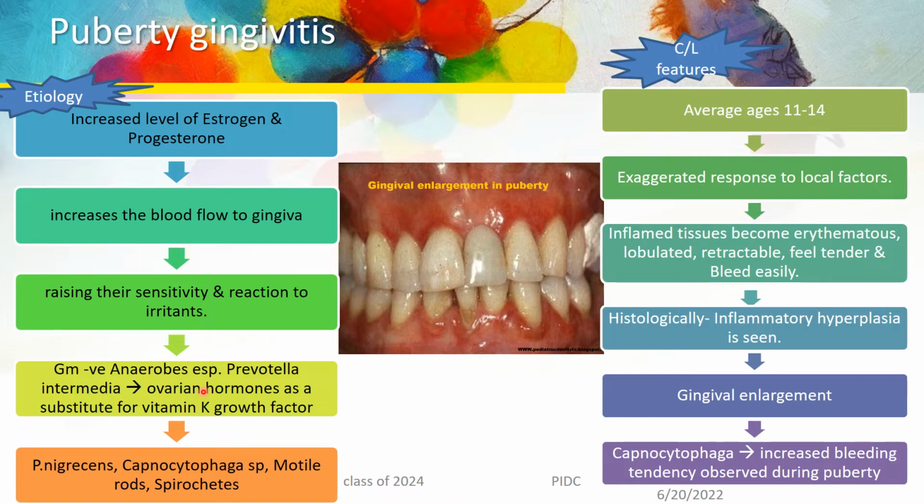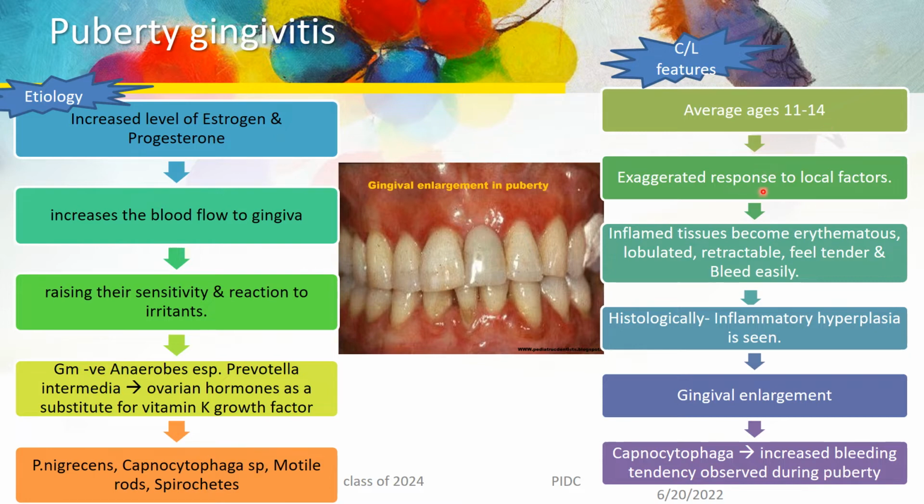Apart from this, you do have other microorganisms such as Prevotella nigrescens, Capnocytophaga, and motile rods and spirochetes present. So all this results in the reaction to the irritant becoming more, and therefore gingival inflammation occurs, and therefore gingivitis occurs. This generally occurs between 11 to 14 years of age.